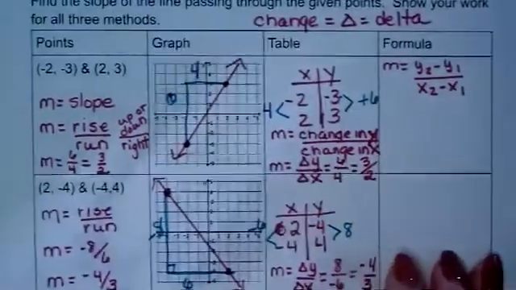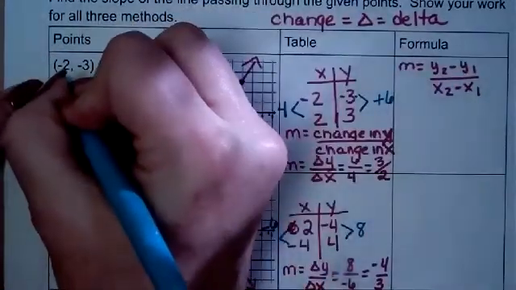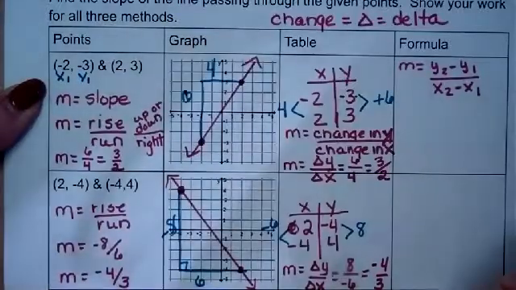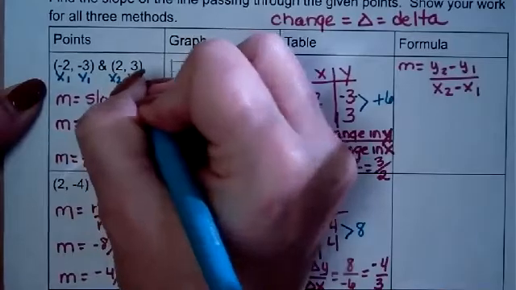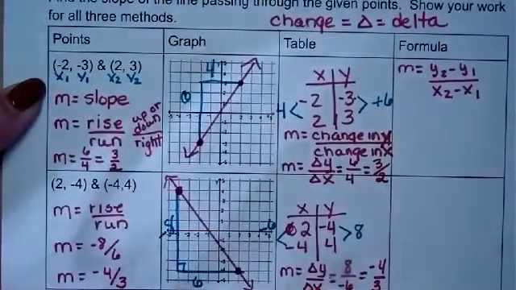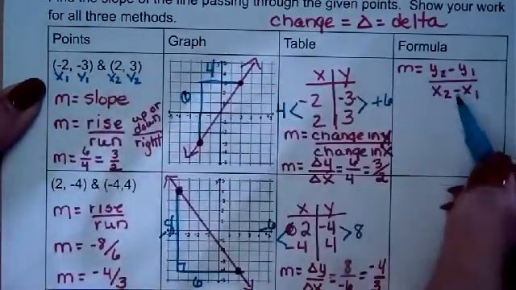So if I look right back over here at the beginning, what that tells me is this is x sub 1, that's y sub 1, because that's the x and the y of my first pair of numbers. This right here is x sub 2, y sub 2, because they're the x and y coordinates for that second ordered pair. So all I'm going to do is put these 4 values in their appropriate spots.